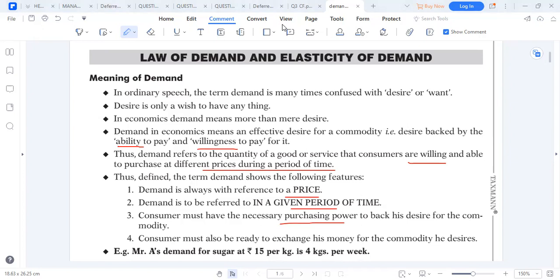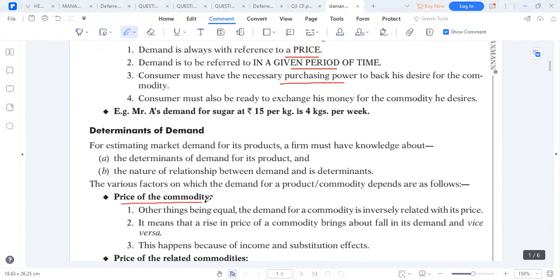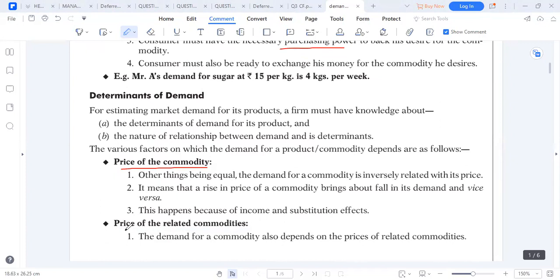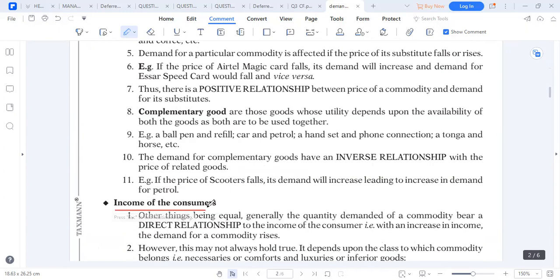What are some of the factors that affect demand? Price of a product. Number 2. Supply. Oh, supply doesn't affect demand. What are the factors? Price of related commodities. Income. Number 3, we have the income, exactly.